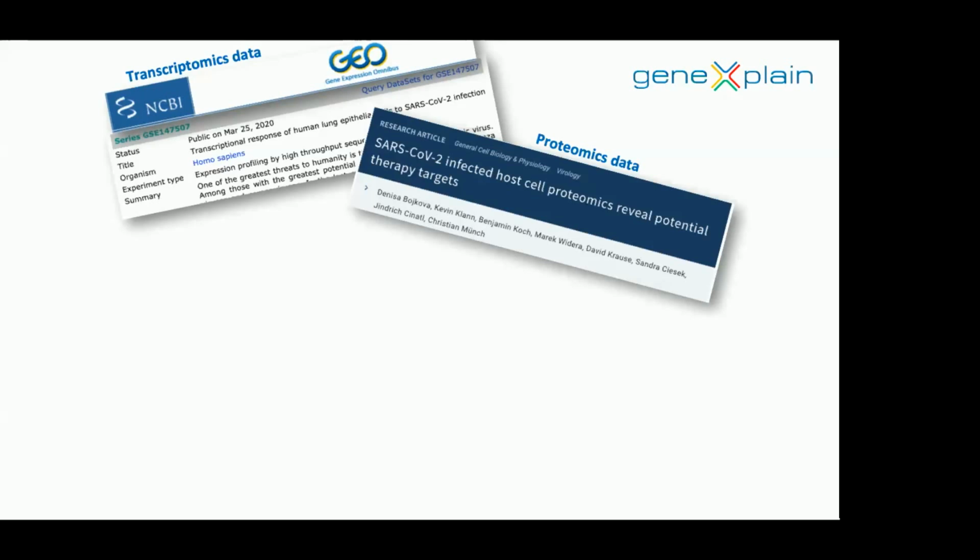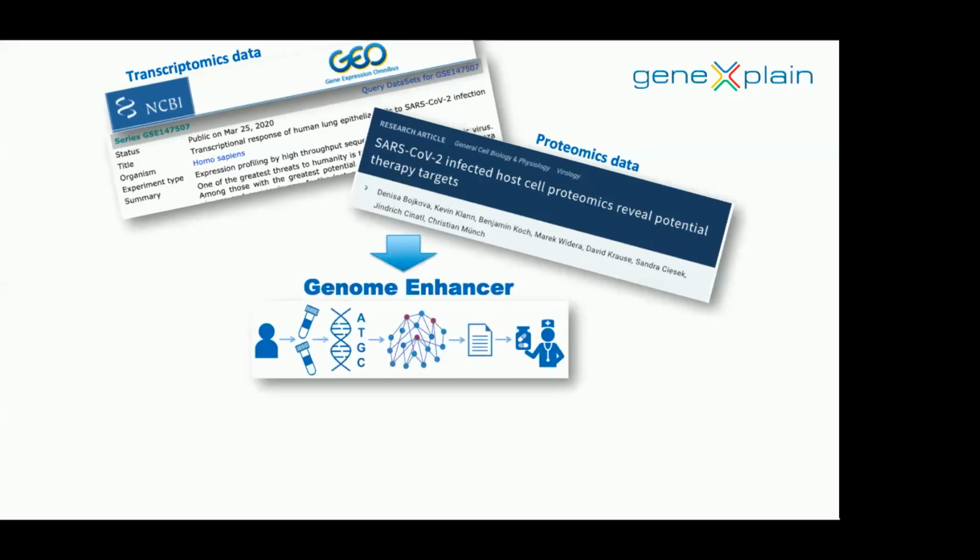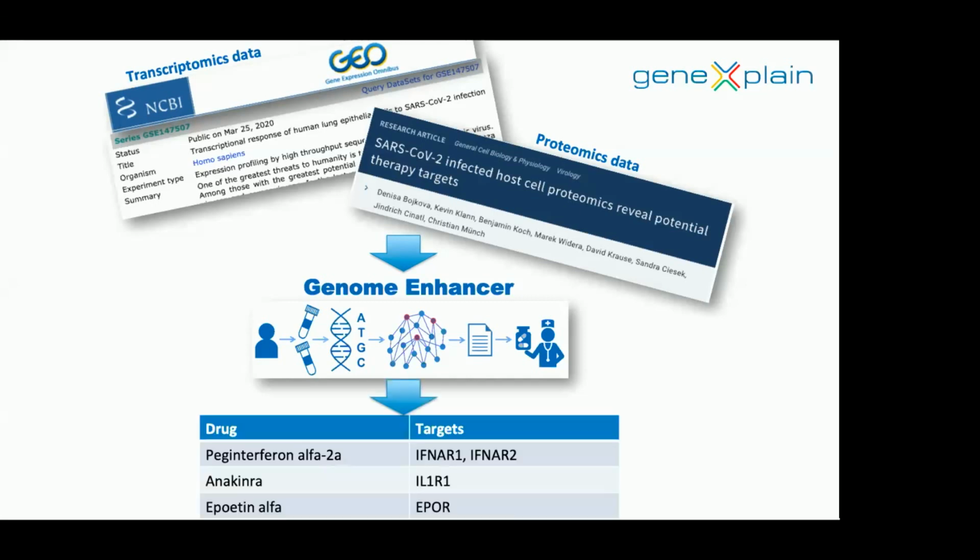What we did, we put this data into our tool called Genome Enhancer, and I will explain how it works. Genome Enhancer analyzes this data, and at the end it predicts the most important, most promising drug targets.